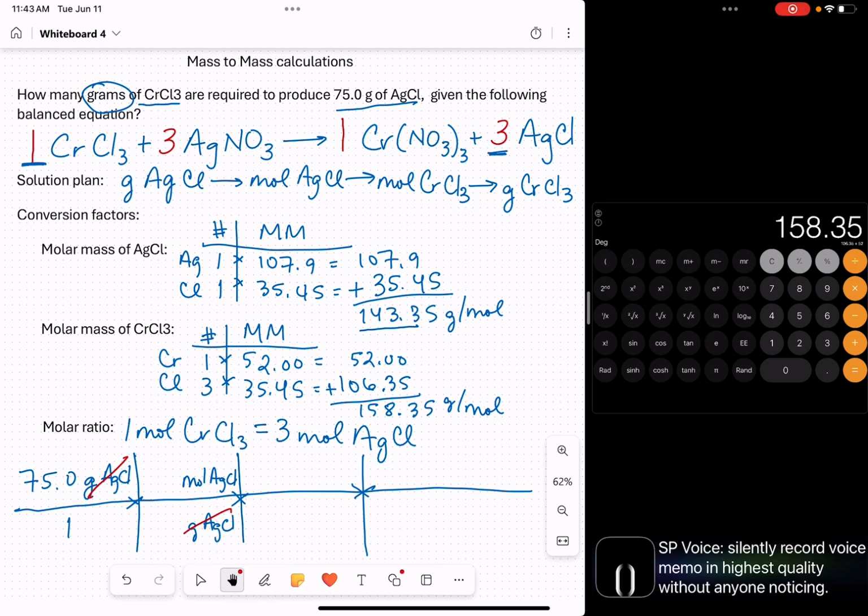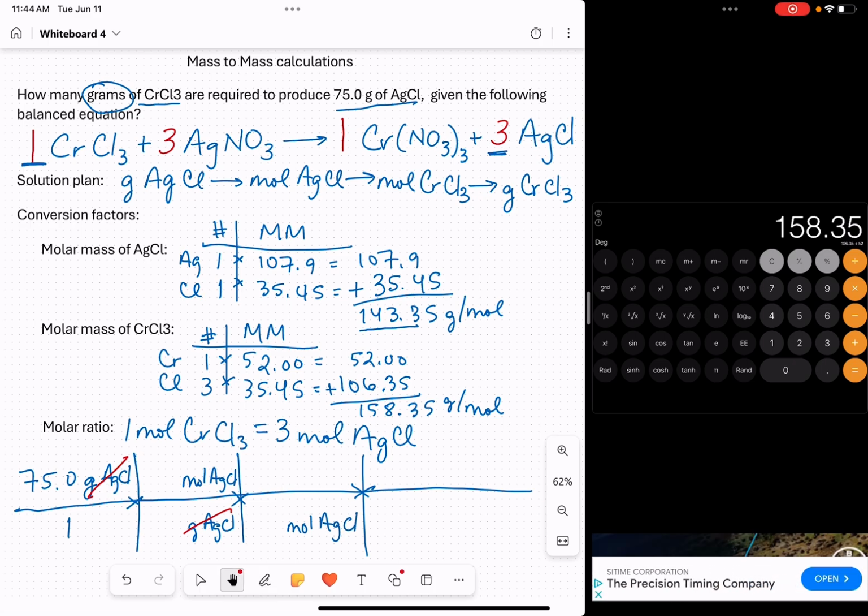And then my next conversion is moles of silver chloride to moles of chromium 3 chloride. So moles of silver chloride goes on the bottom, so it will cancel. And moles of chromium 3 chloride goes on the top. Now you can see that moles of silver chloride cancels. So this is step 2.